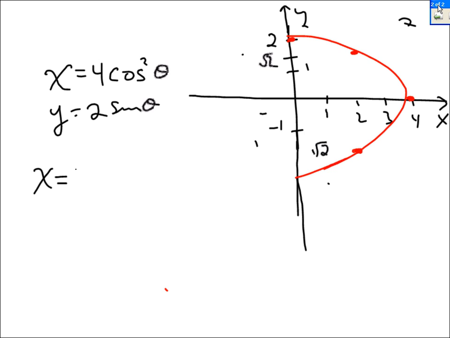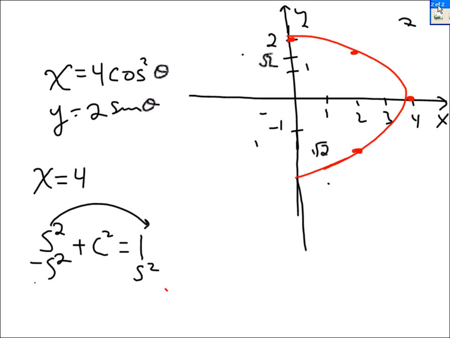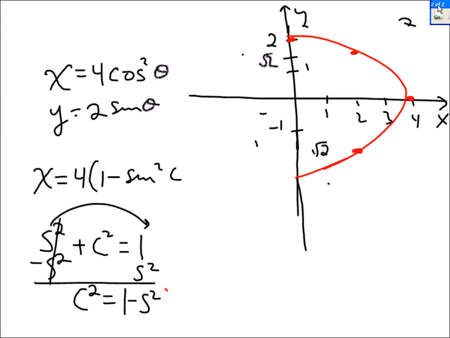We know that, using shorthand notation, sine squared plus cosine squared is 1. If I take away sine squared from both sides, I get cosine squared is 1 minus sine squared. That is, instead of cosine squared, I can have 1 minus sine squared theta.